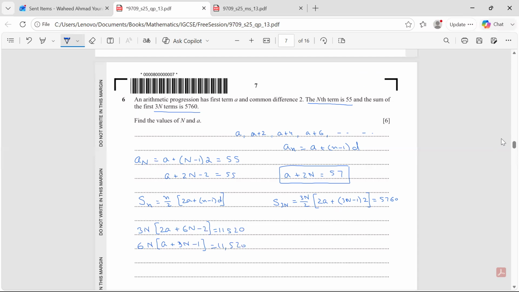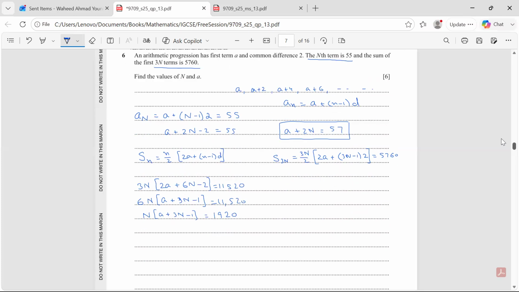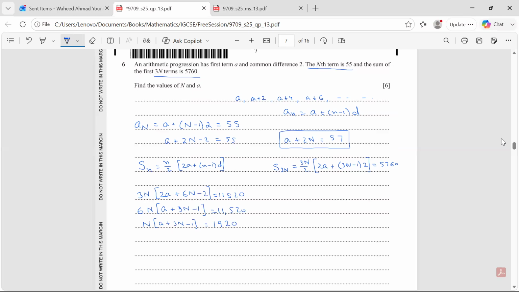Let me take 6 to the other side, and I will have N into a plus 3N minus 1 equal to 1,920. Okay, now what to do?